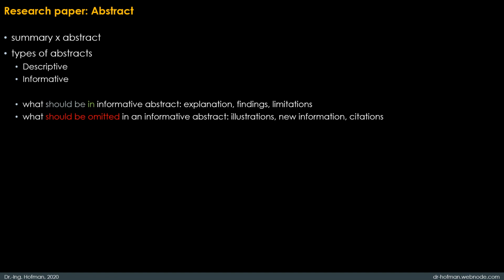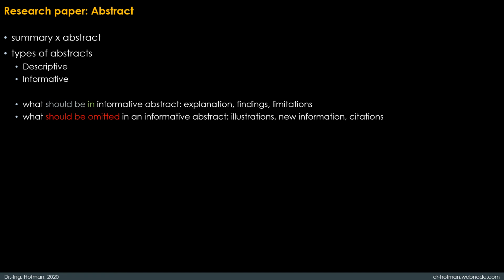Descriptive abstract: this provides a kind of content list of what will be in the paper, what the writer will deal with or attempt to prove in the article, rather than a synopsis of the actual results. Since it contains general statements, it is more appropriate for longer papers, such as review articles, and can be written before the paper itself is drafted.